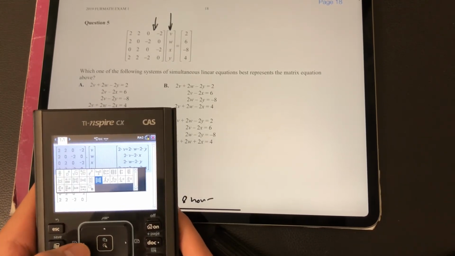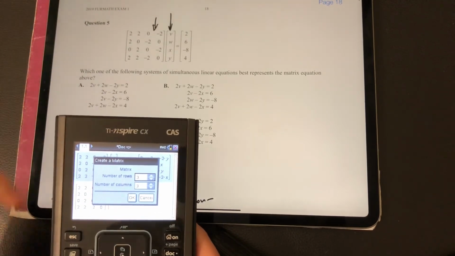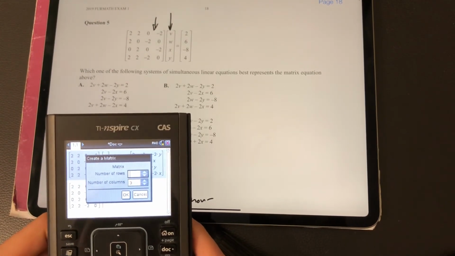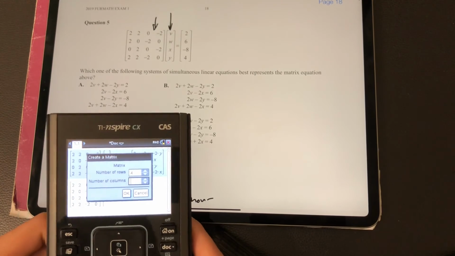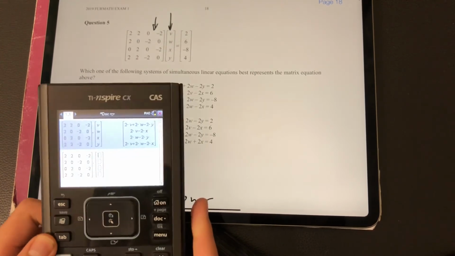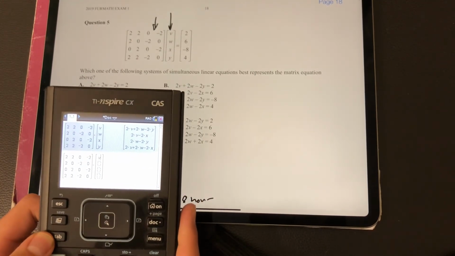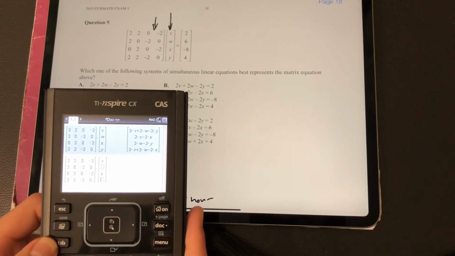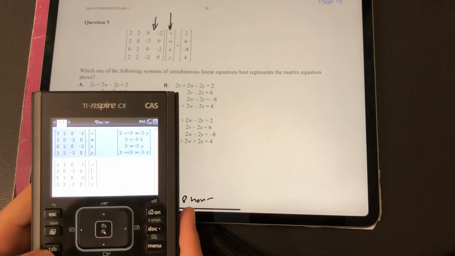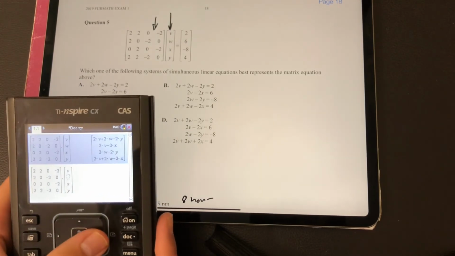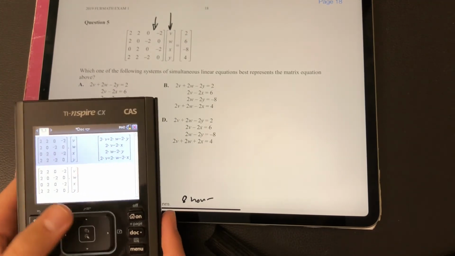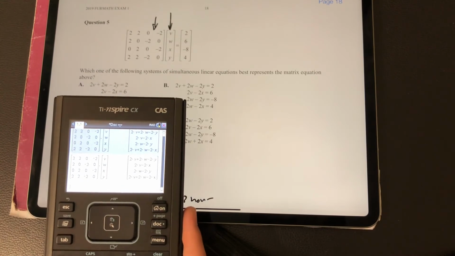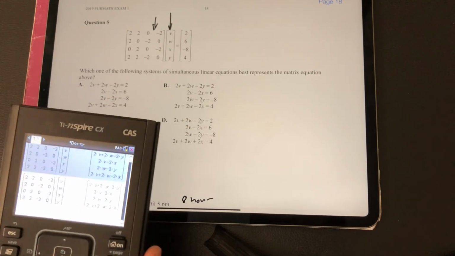So times by this 4x1 matrix over here with all the variables: V, W, X, and Y. So if you multiply this 4x4 by the 4x1, you'll get the following matrix.